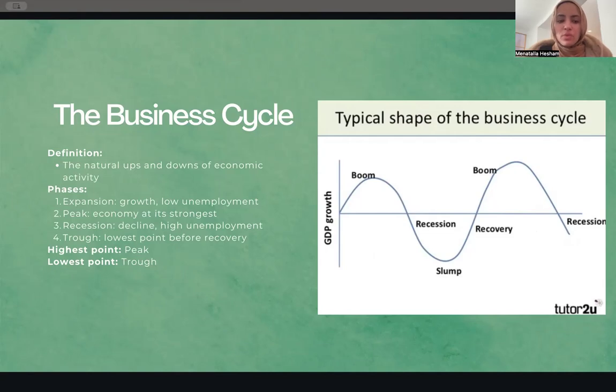The trough is the lowest point, when economic activity is at its minimum before recovery begins. Understanding the business cycle helps economists and policymakers anticipate changes and take appropriate action to stabilize the economy.